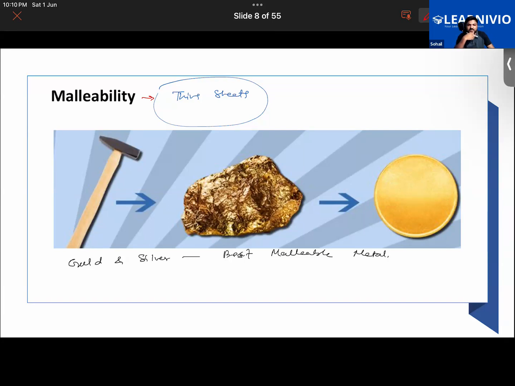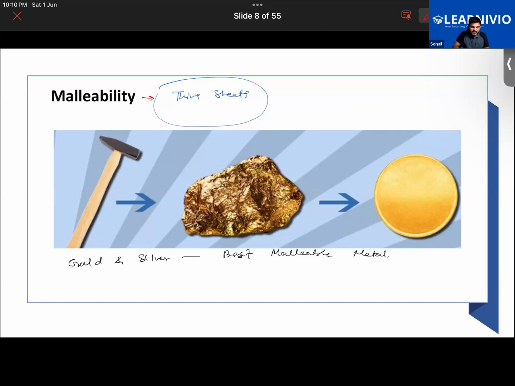It is due to the property of malleability that metals can bend to form objects of different shapes by beating with a hammer. For example, it is because of the malleability of iron that an iron smith can change the shape of a block of iron by hammering to make different iron objects.